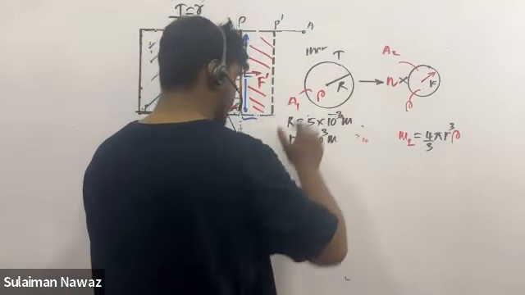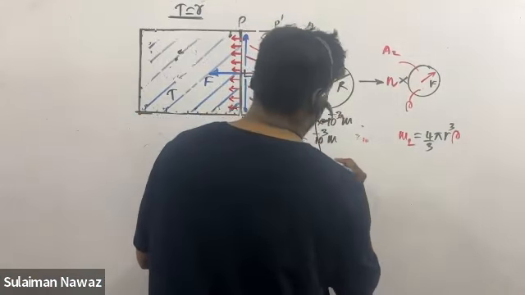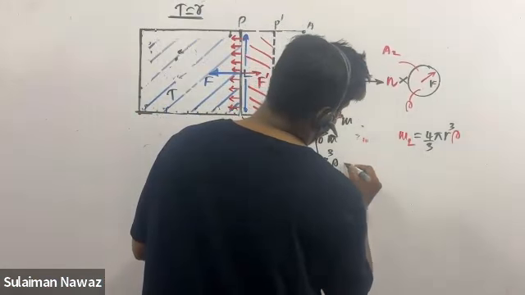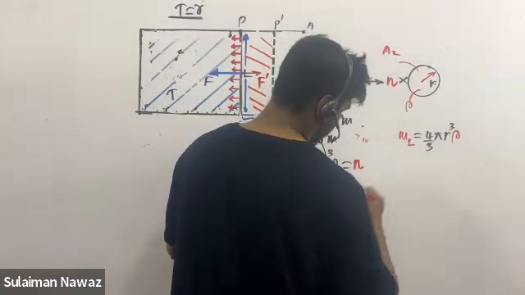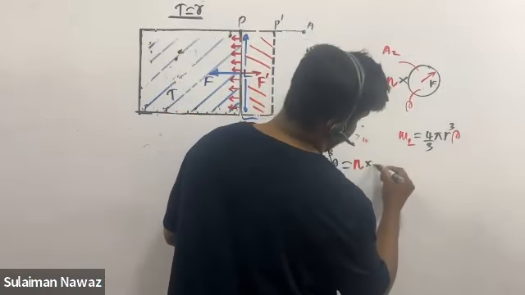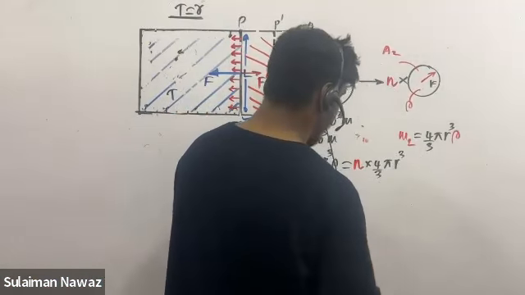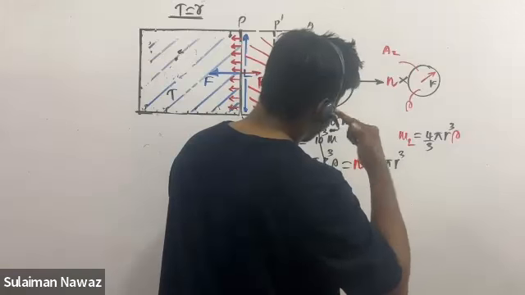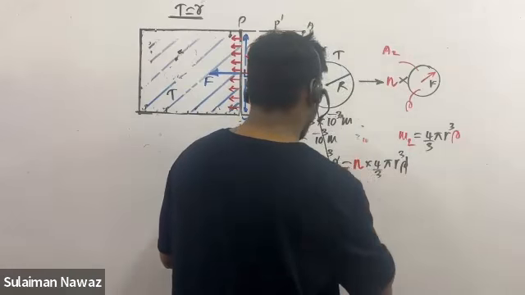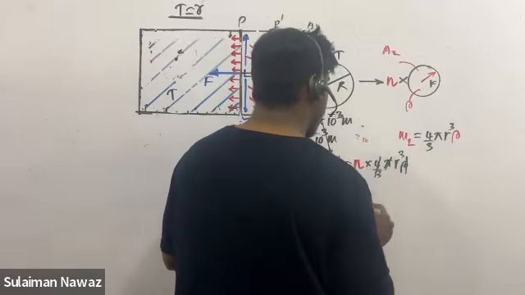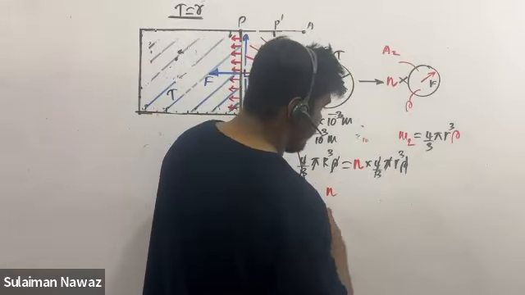Therefore, the mass of this one is 4 over 3 pi R cube rho, which should be equal to small n into 4 over 3 pi small r cube rho. Then rho cancels out, and 4 over 3 pi cancels out. I get small n equals capital R cube over small r cube.